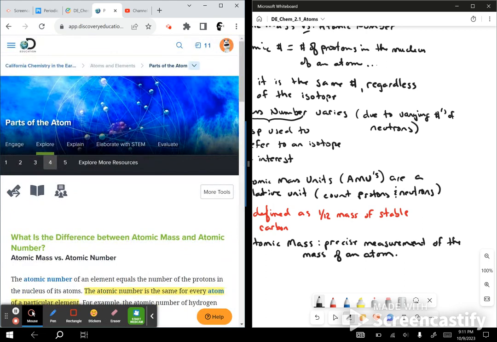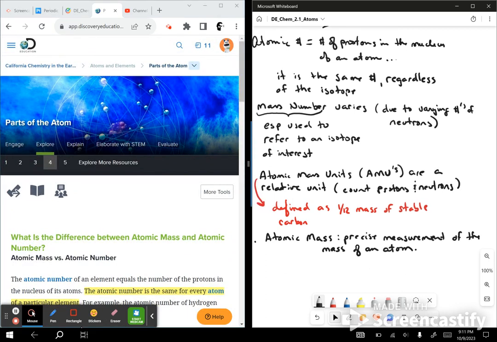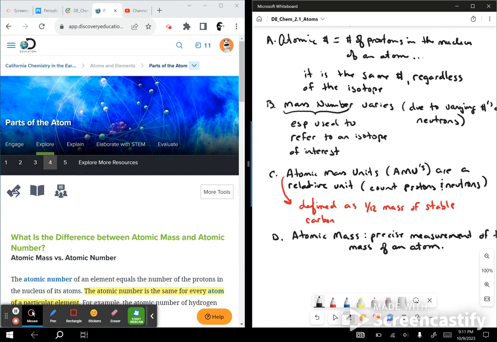So this was, what is the difference between atomic mass and atomic number? Okay, we got that. These were questions from your essential question, right?